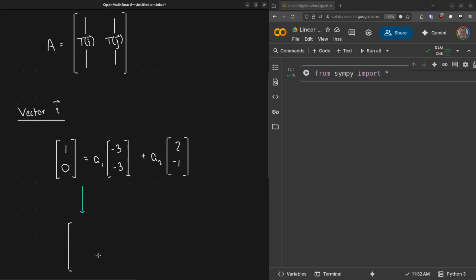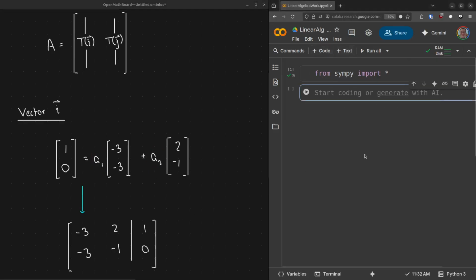We can put this system into augmented matrix form. The columns in the coefficient matrix are just the columns of the linear combination, so (-3, -3) and (2, -1). The augmented part is what the linear combination equals, which in this case is (1, 0). If I could get this into reduced row echelon form, I could find the solution to the system. That'll give me A1 and A2.